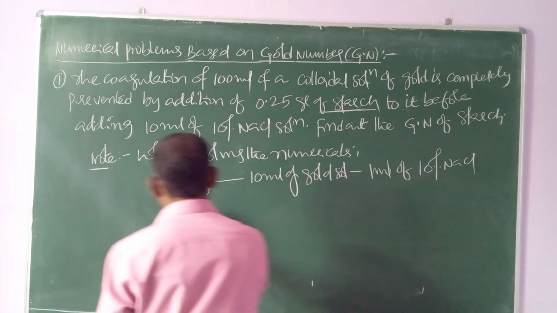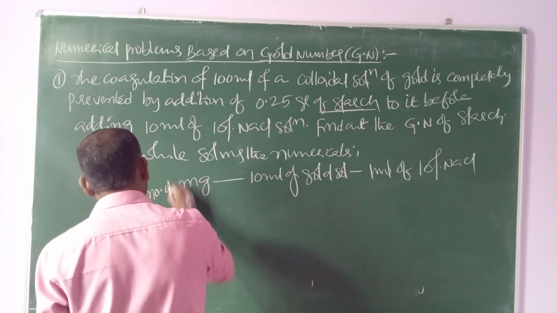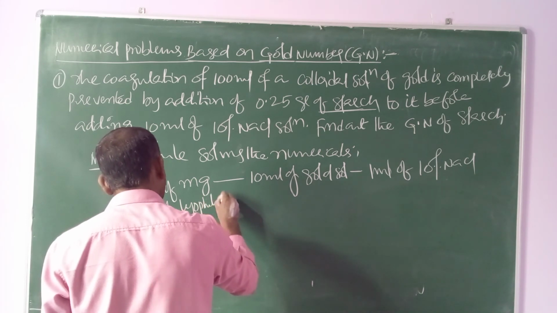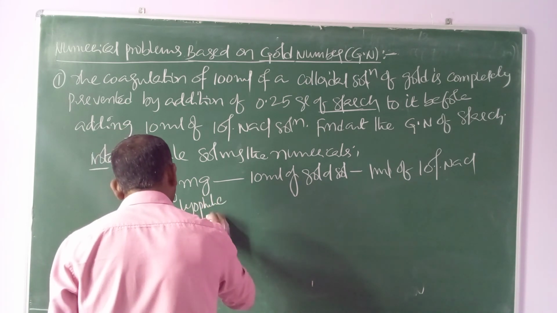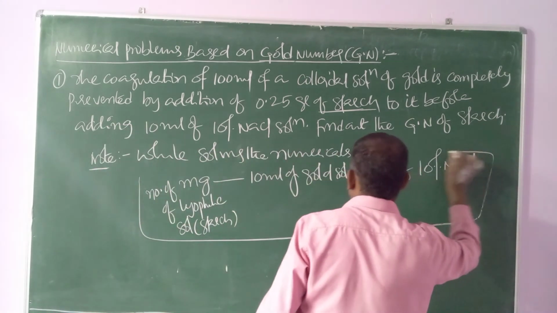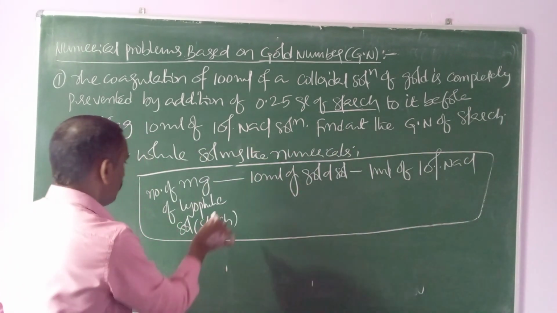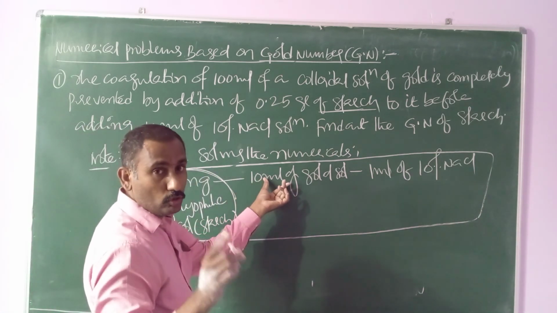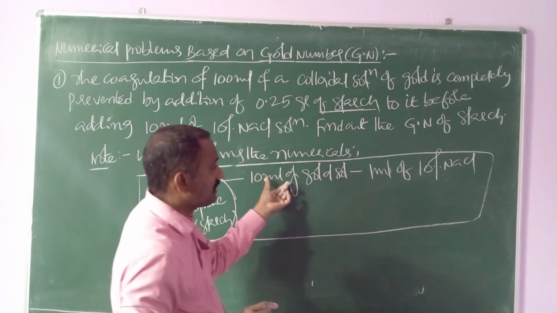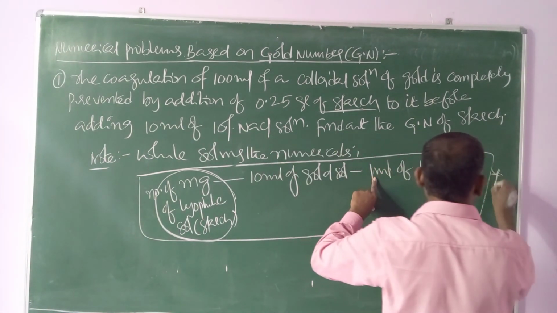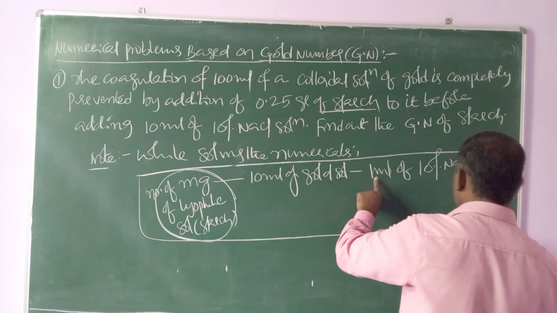Lyophilic sol here is nothing but starch. So this you should remember: lyophilic amount should be in milligrams, 10 ml of gold sol only we should consider according to definition, and 1 ml of 10% NaCl should be considered according to definition.